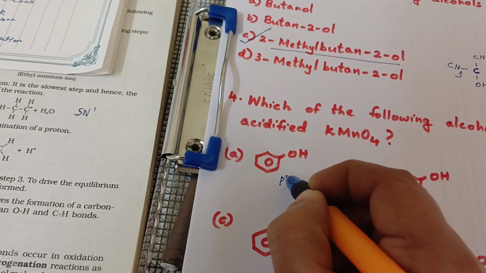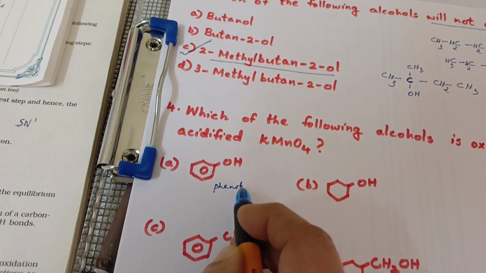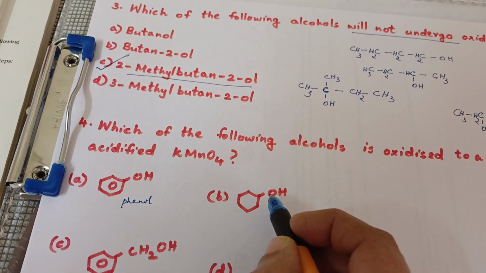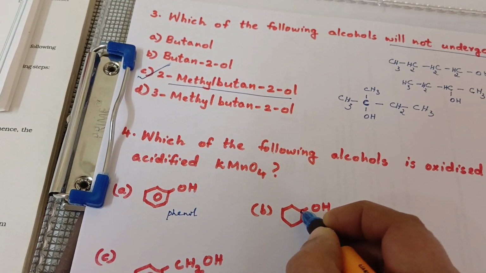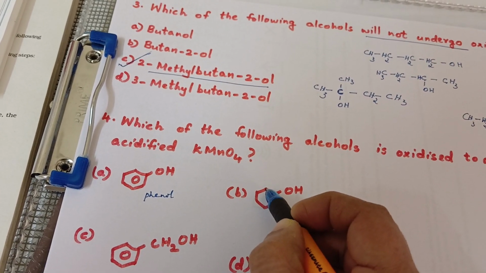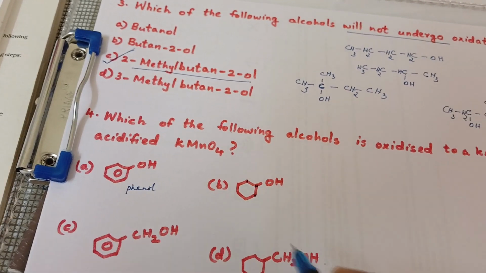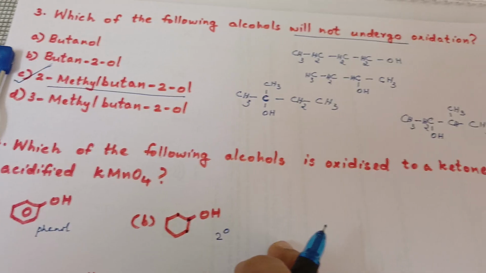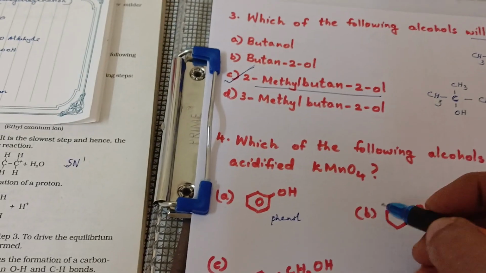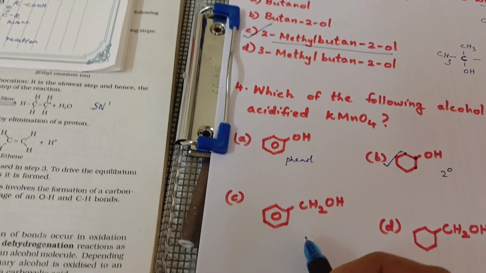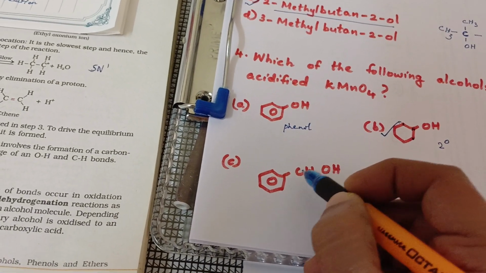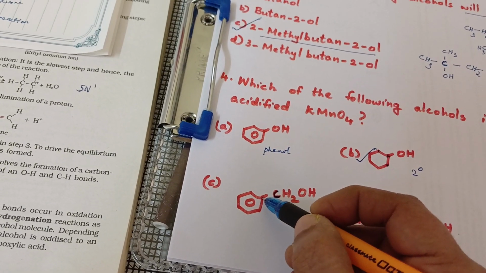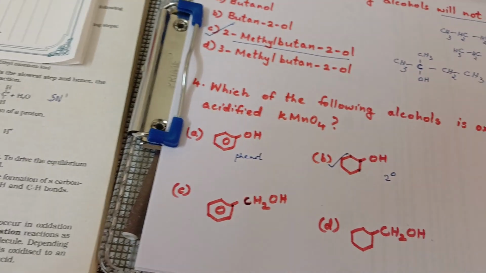This, of course, you know, is phenol. Conditions are totally different for its oxidation. What about this one? The OH is attached to this carbon here, and it is attached to this carbon and this carbon. So this is a 2-degree alcohol. So this can be oxidized to a ketone, option B. What about this one? This OH is attached to this carbon, and this is attached to only one other carbon.